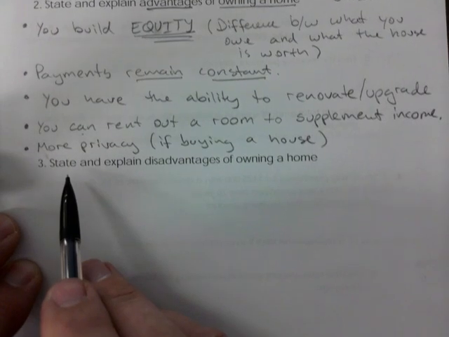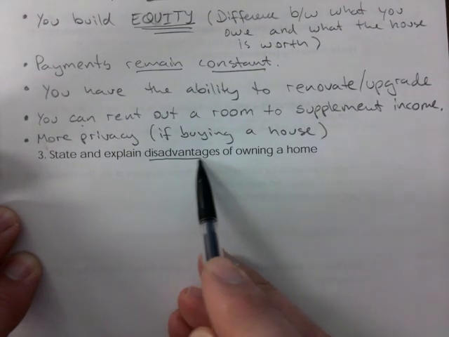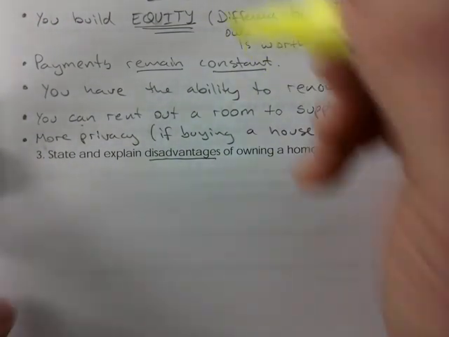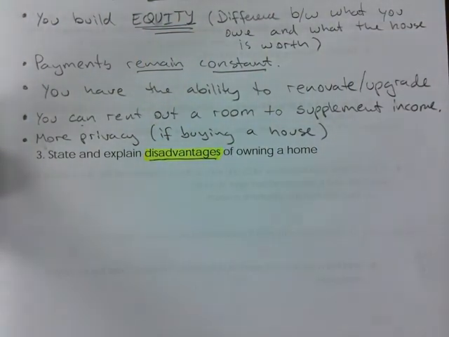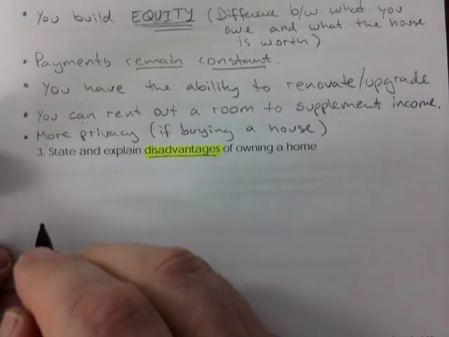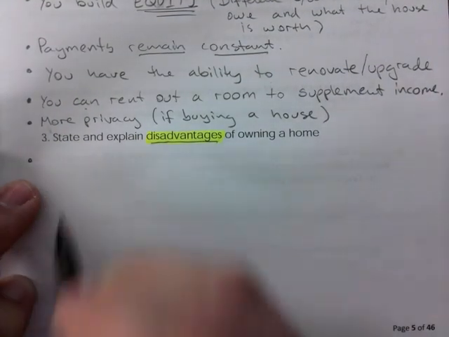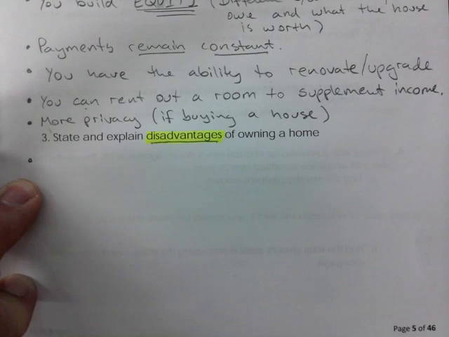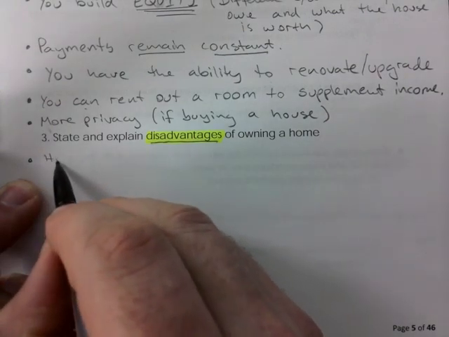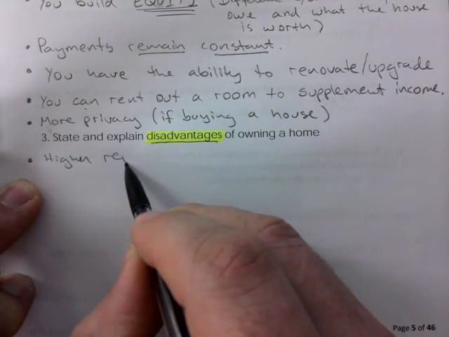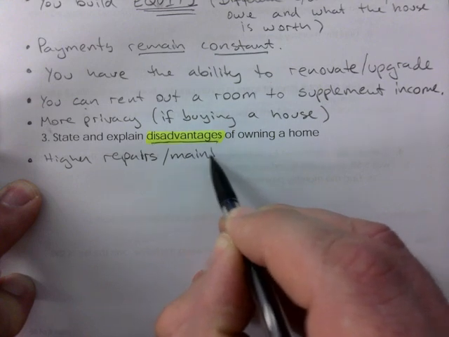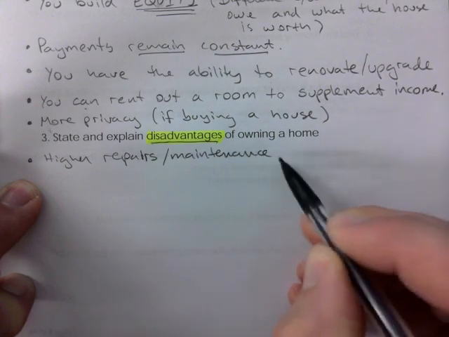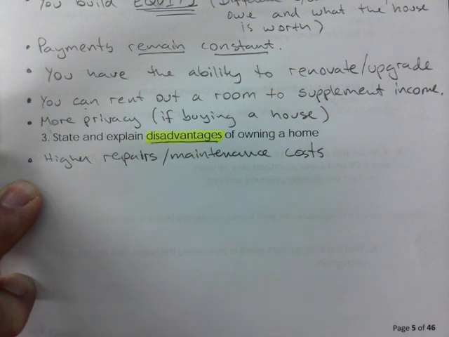Okay, let's talk about some disadvantages, right? We talked about advantages, and now we're going to talk about disadvantages. I make it seem like it's all just rosy owning a home. No, I'm just willing to put up with the disadvantages. Okay, higher repairs or maintenance costs.